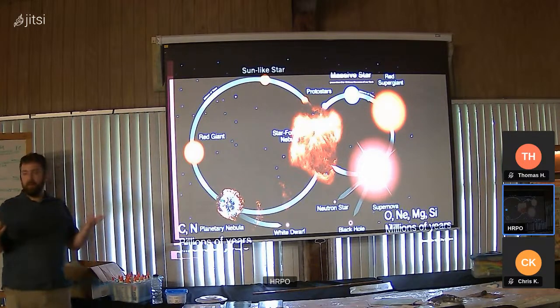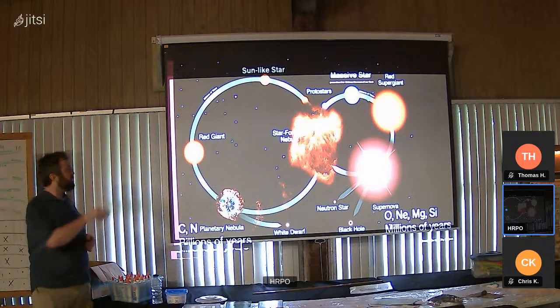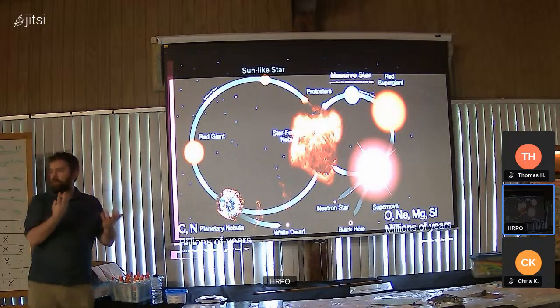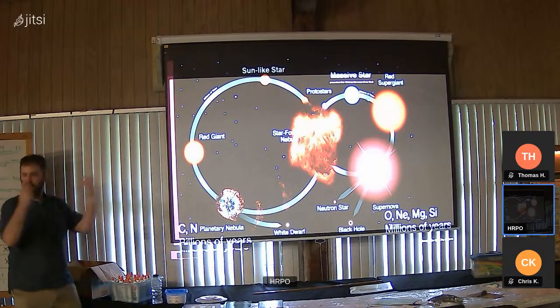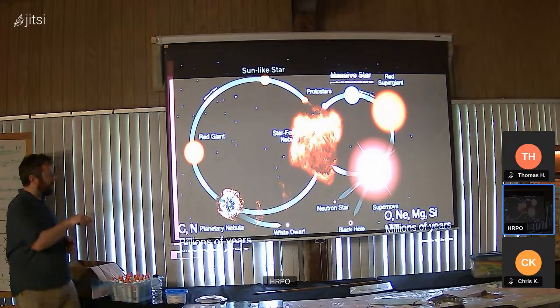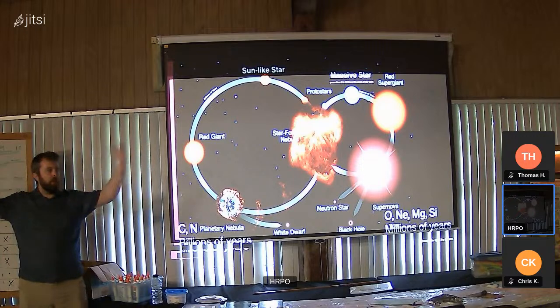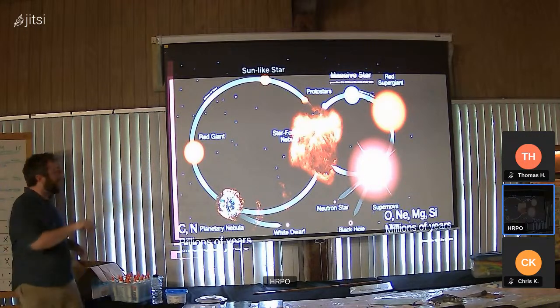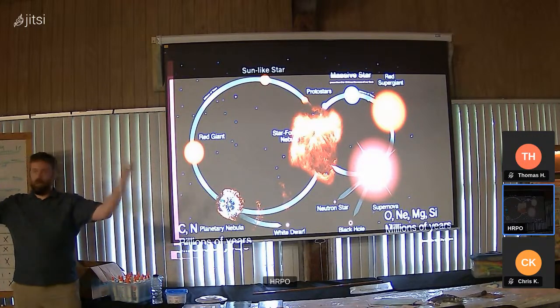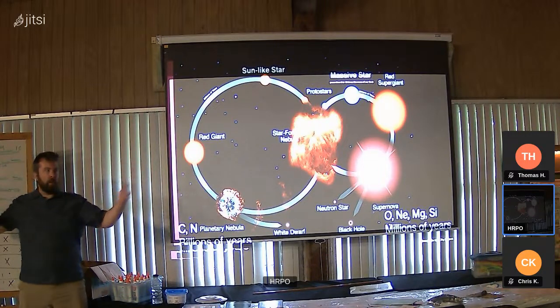They live for billions of years, tens of billions of years, but eventually they use up all their fuel, become a red giant, and after some more complicated evolution, they will slowly shed off their outer layers and become planetary nebulae. In those planetary nebulae, they send off some of those elements that they created in the core.